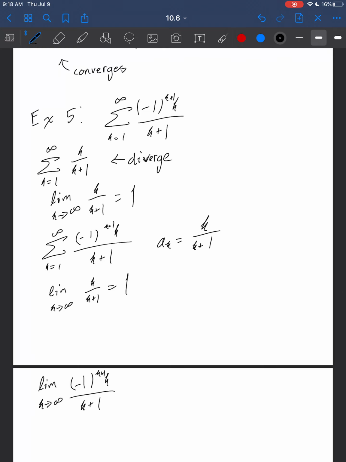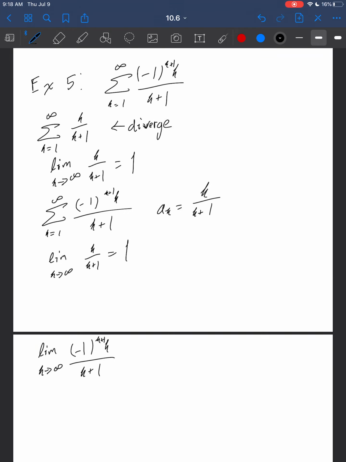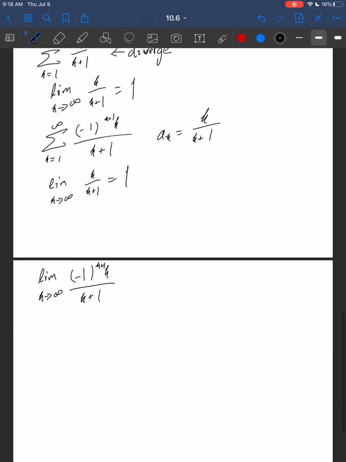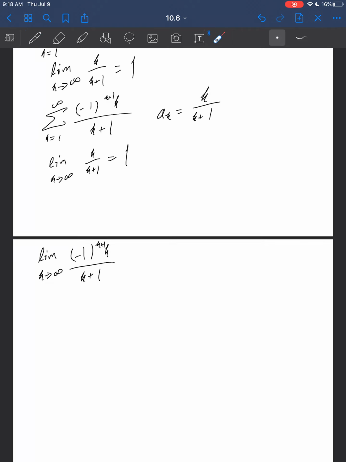I don't know why the book adds this plus 1 to the negative 1 right here. It doesn't really matter if you start adding or subtracting. It's just the convention the book takes. So if you run across a series where this is a k instead of a k plus 1, it's still an alternating series. It's just saying we're starting with subtraction instead of addition.